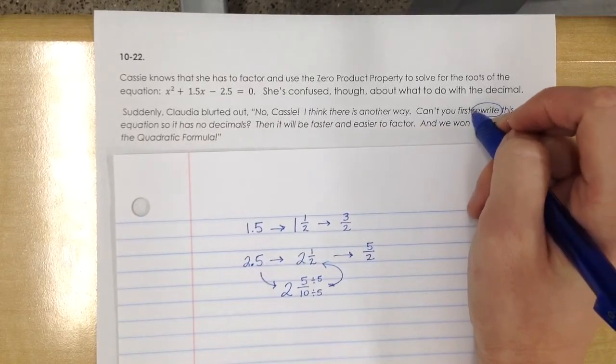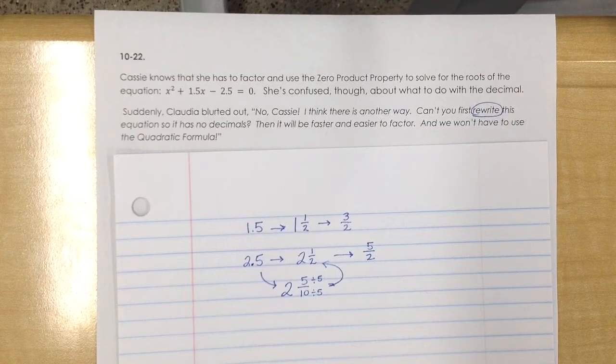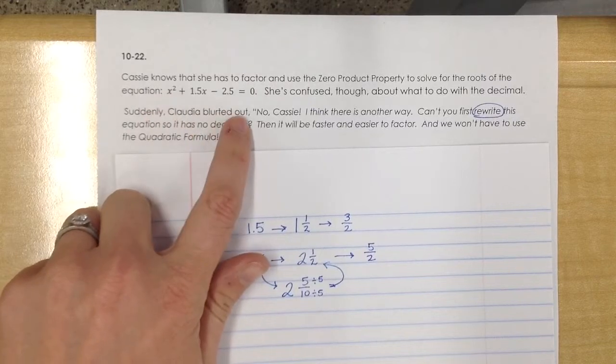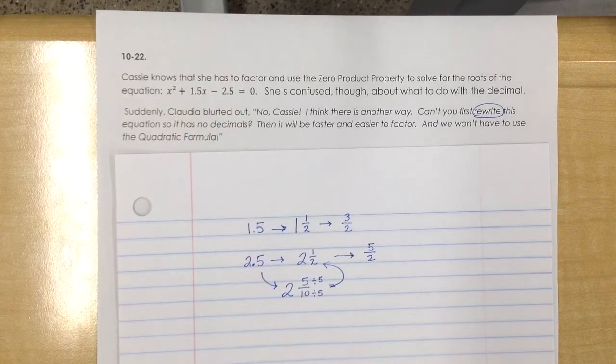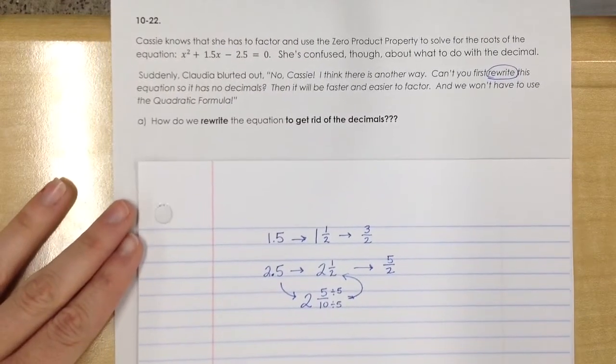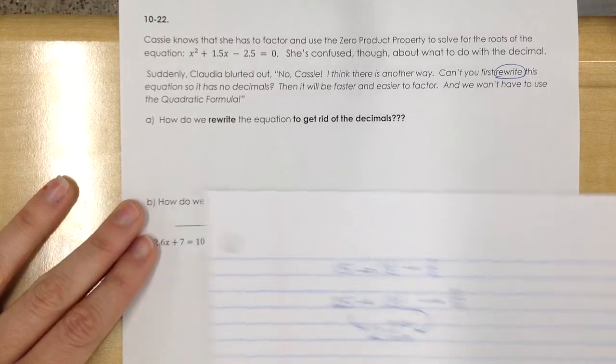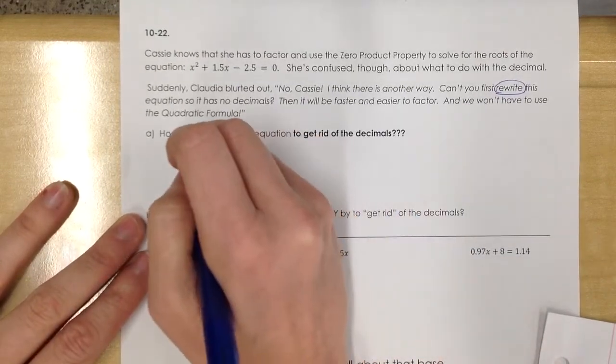So that's a key thing: we're going to rewrite this equation by multiplying by a common term. Previously, we've been working so much on factoring out anything that these three have in common that it's challenging to think, okay, we're going to do the exact opposite of that now. We're going to actually multiply by a common term here. So how do we rewrite the equation to get rid of the decimals? Well, we're going to multiply by a common term.